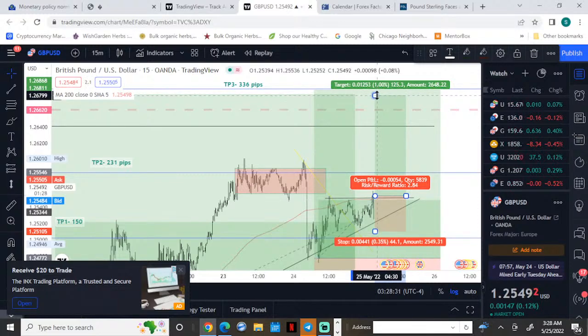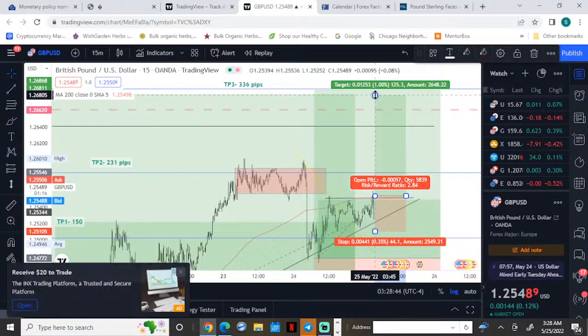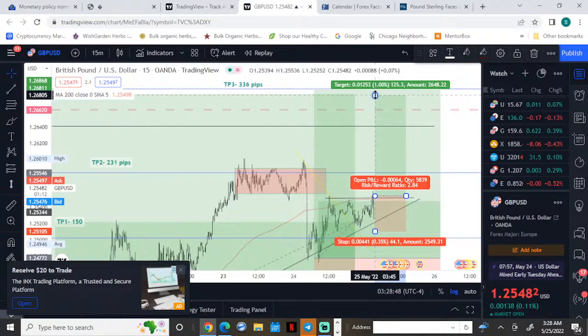So I'd say 1.26805, 425 pips, 44 pips stop loss. That is a 1 to 3. And what I mean by 1 to 3, you're risking 1% of your account to gain 3%.